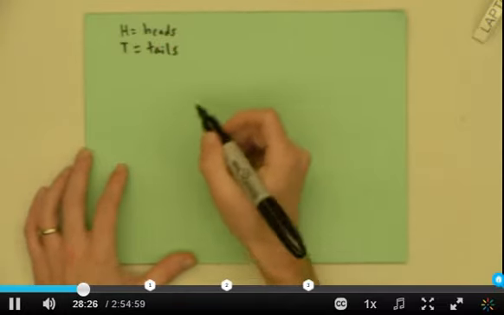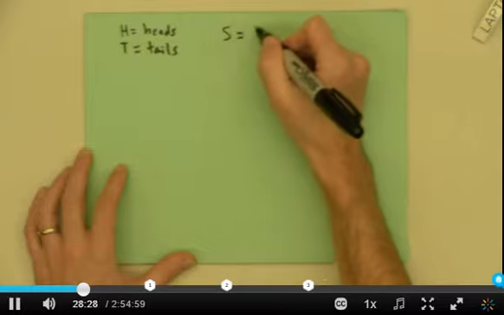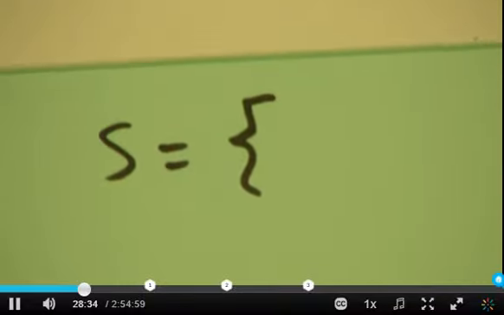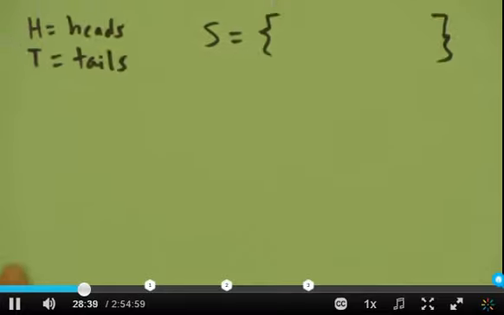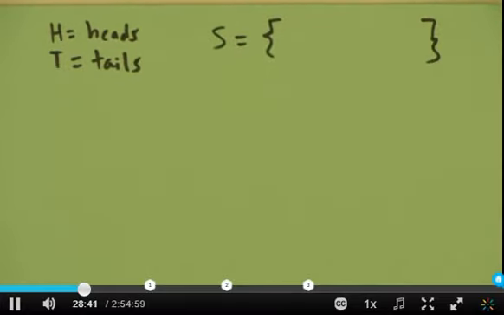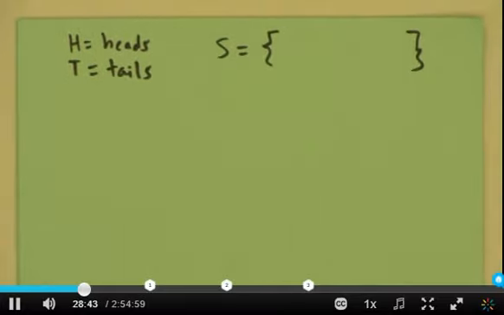So what is the possible sample space for two coin flips? All right. What's the possible sample space? What could happen if I flip a coin twice?